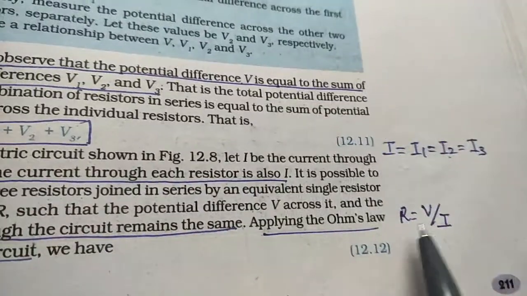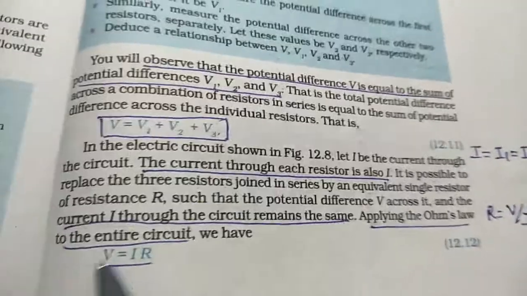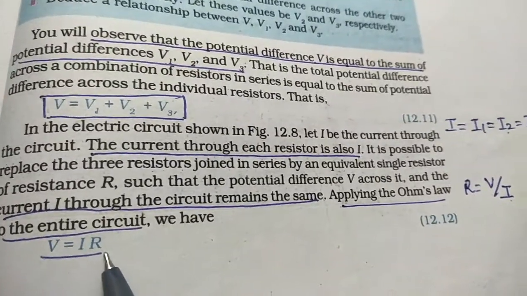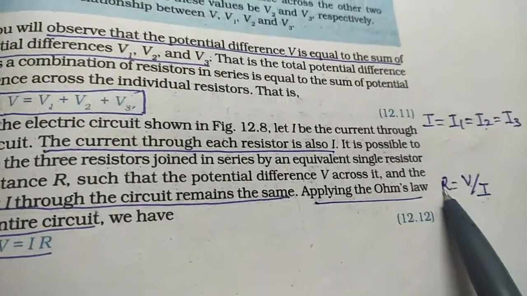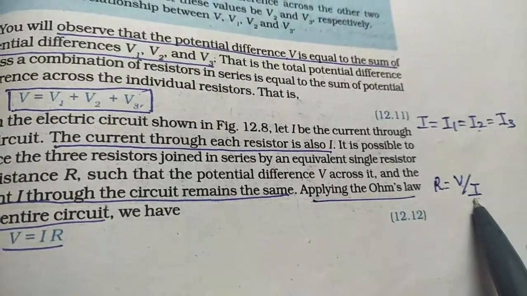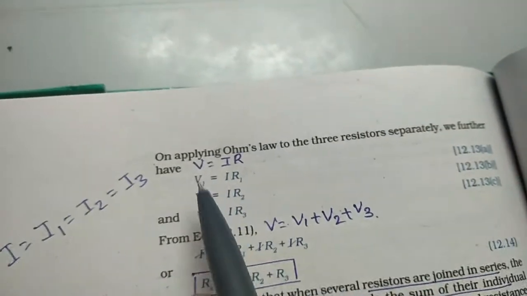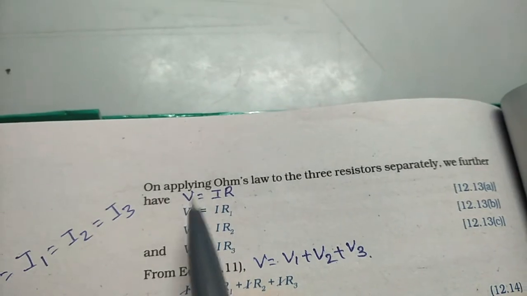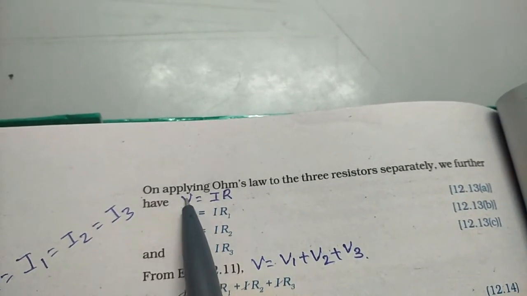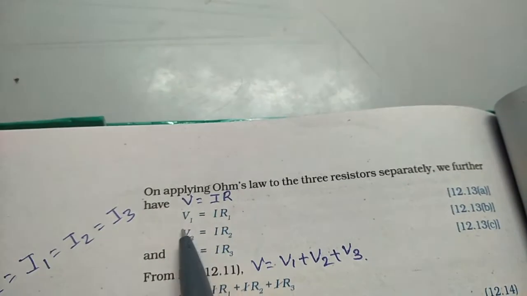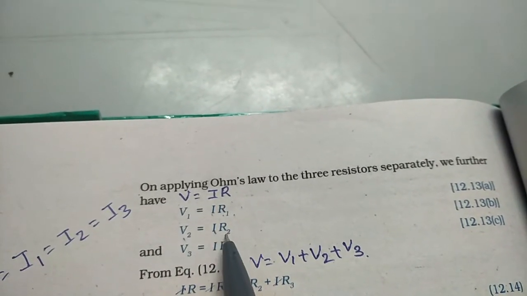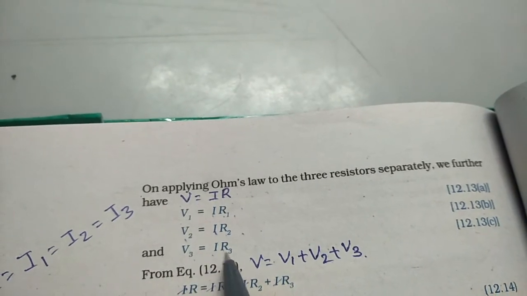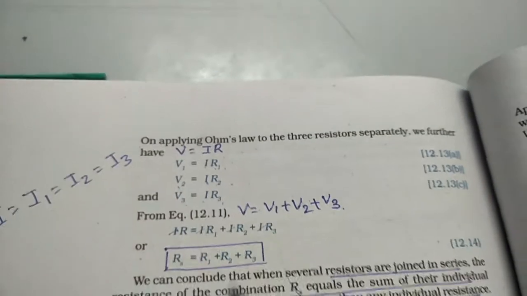Now applying Ohm's law, R is equal to V upon I. By Ohm's law, if I want V, I have to take I to this side, so V is equal to I multiplied by R. Now turn the page. We need V of all the resistors. The main V is equal to IR, but V1 is equal to I into R1, V2 is equal to I into R2, V3 is equal to I into R3, where I is the same.